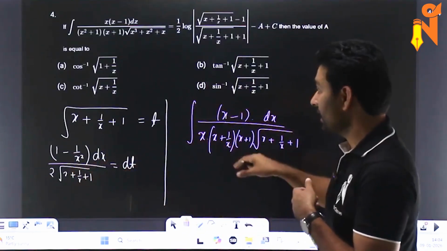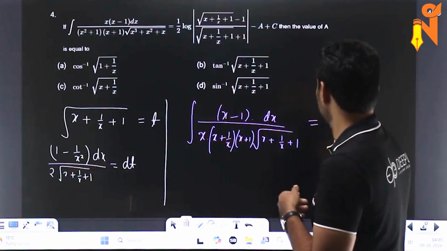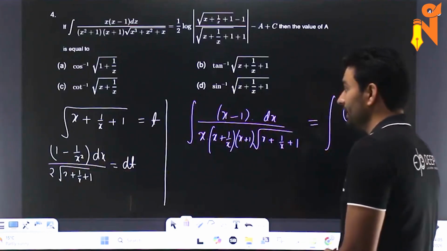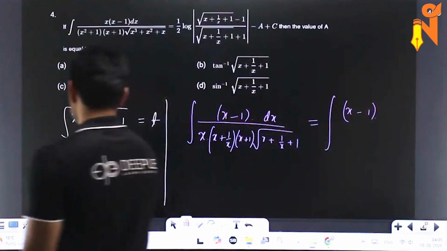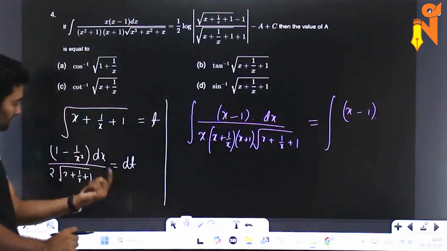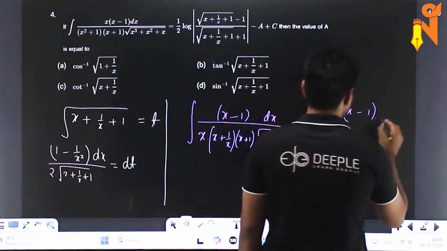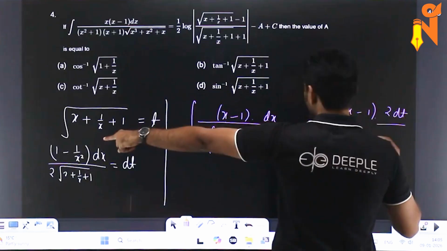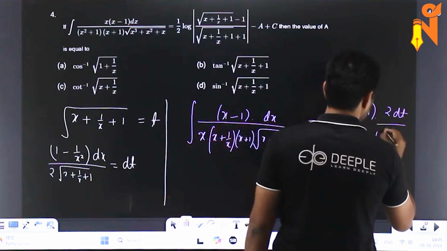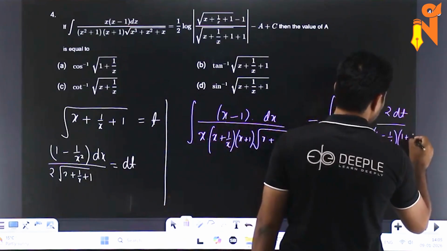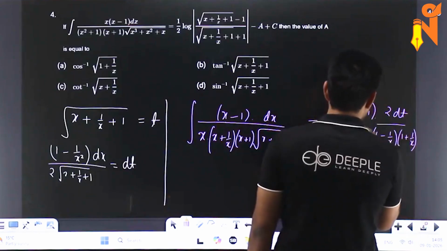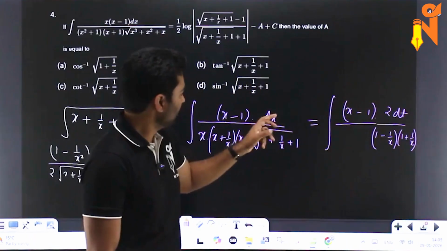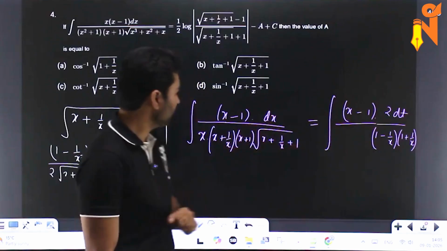So x minus 1 into dx upon root is equal to 2 dt upon this. So 2 dt upon, make factors, 1 minus 1 by x into 1 plus 1 by x, and here I am putting this here, no change, dx upon this is here, fine.